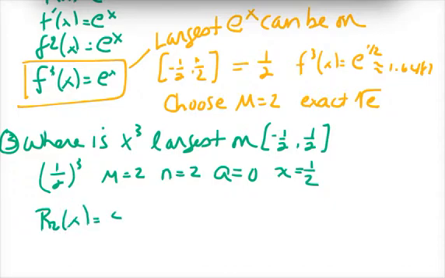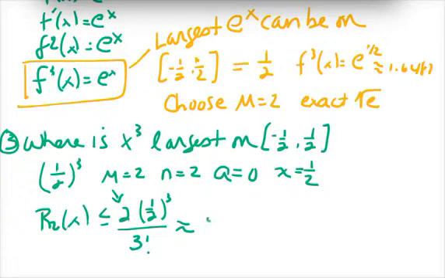So R2 has got to be less than or equal to 2, which is m, times 1/2 cubed, which is the largest that x cubed can be, over 3 factorial, which is approximately equal to 4.17 times 10 to the negative 2.